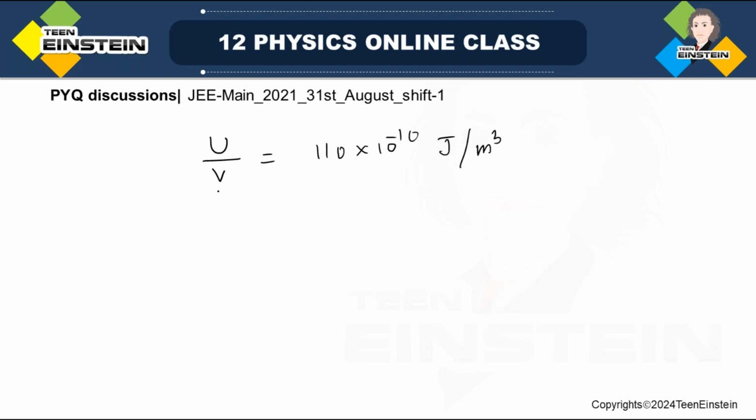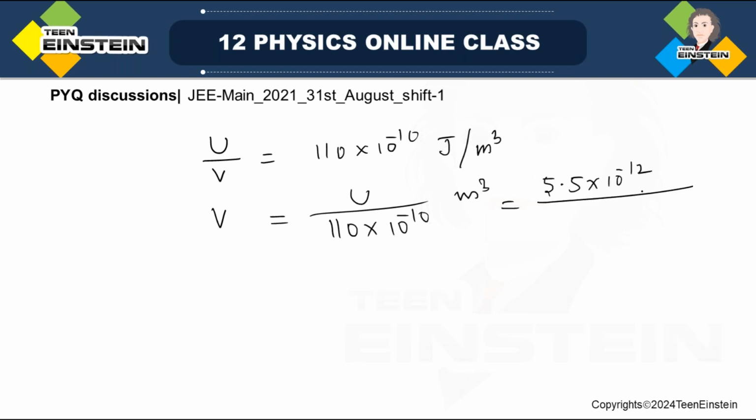Now if you want to find out V, then I have to divide this U by this, which will give you meter cube. Let me put the values here: 5.5 into 10 to the power minus 12 divided by 110 into 10 to the power minus 10, in meter cube.